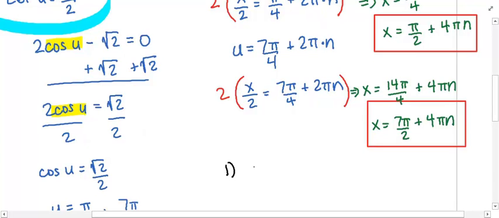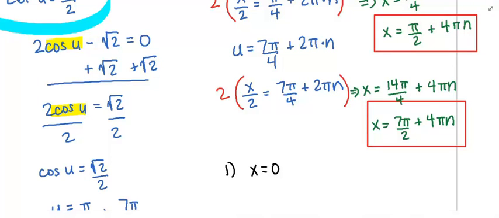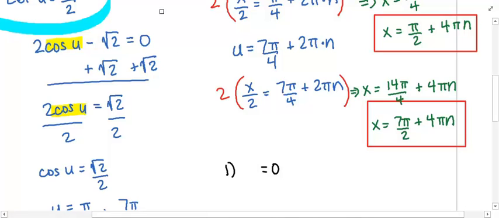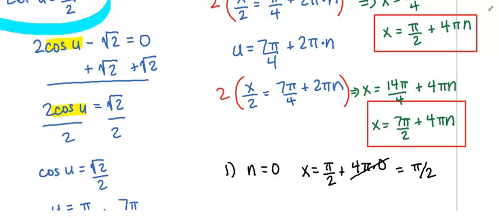Okay, if I plug in n equals 0, that's going to tell me that x is equal to pi over 2 plus 4 pi times 0. This goes away, so pi over 2. Okay, so that's a solution.